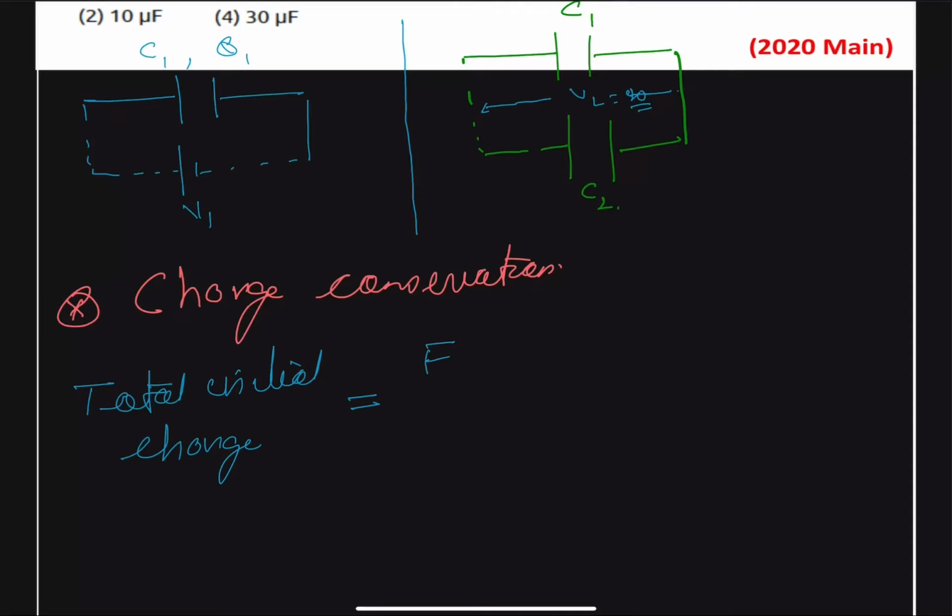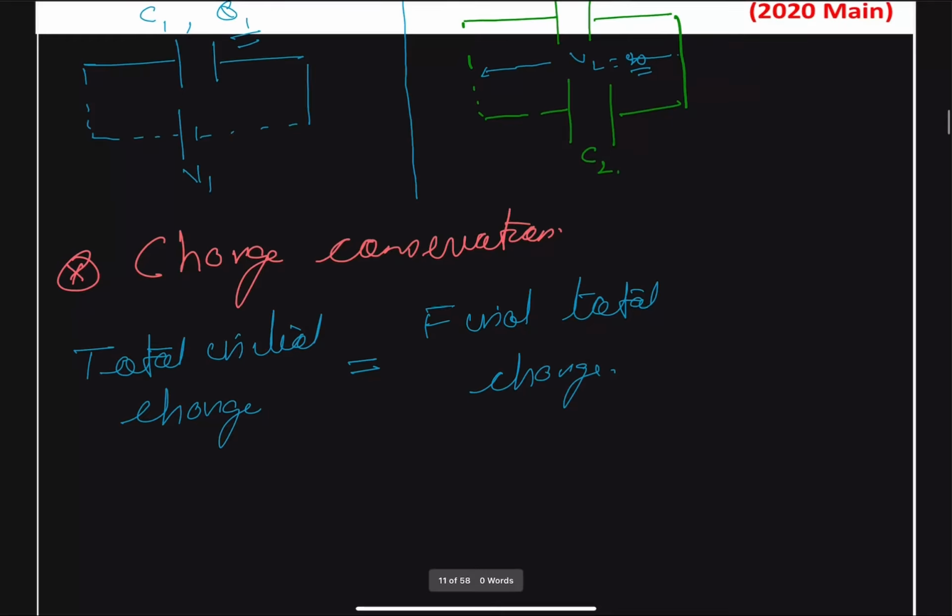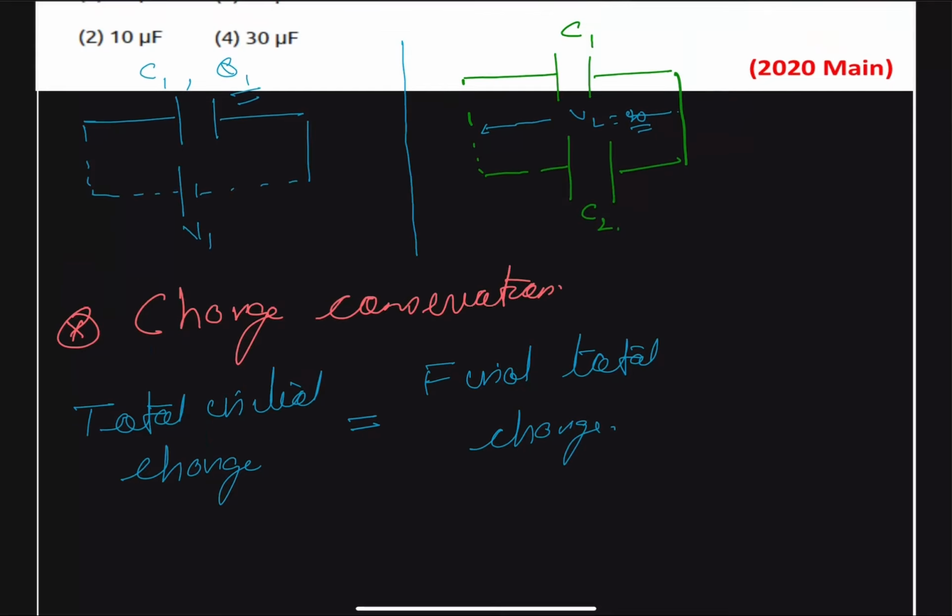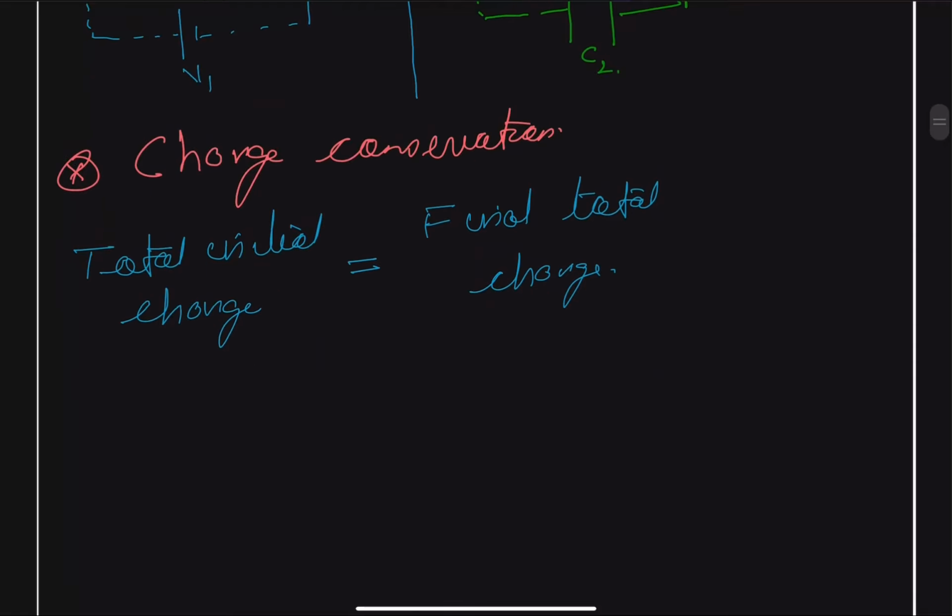The initial charge we assumed is Q1, and the final total charge is, let us suppose, QF. So we can say our Q1 will be equal to our Q2.